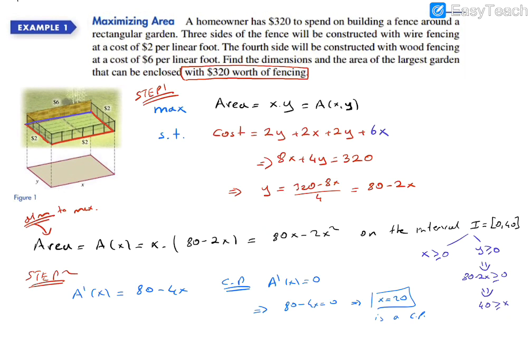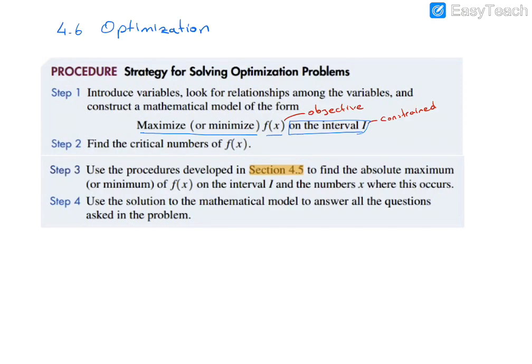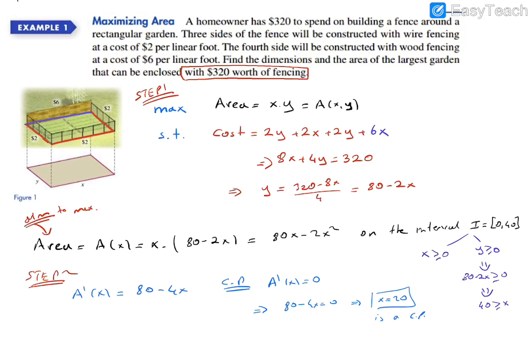In step 3, use the procedure developed in section 4.5 to find the maximum. We can make the sign chart in step 3. So let's make the sign chart. The domain of x is 0 to 40 and the critical point is 20. So here the derivative of the area is 0. If x is, for example, less than 20, you can check the value 10.